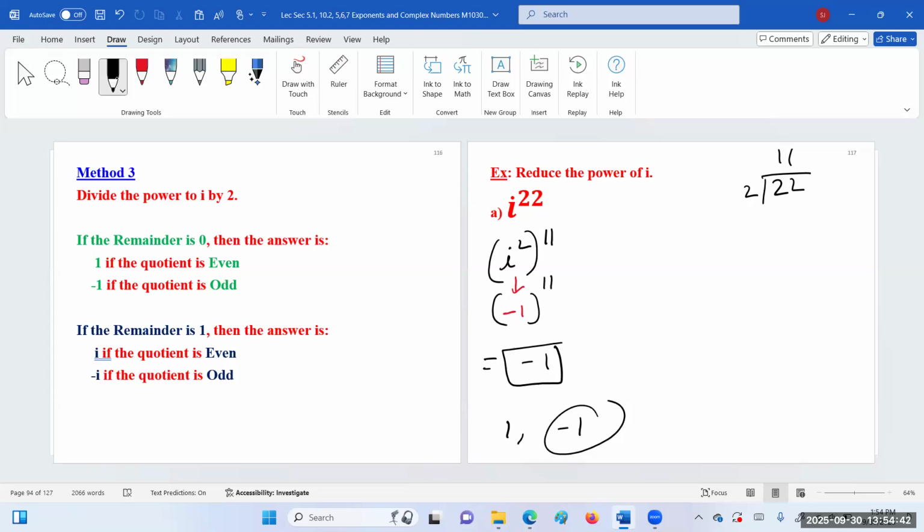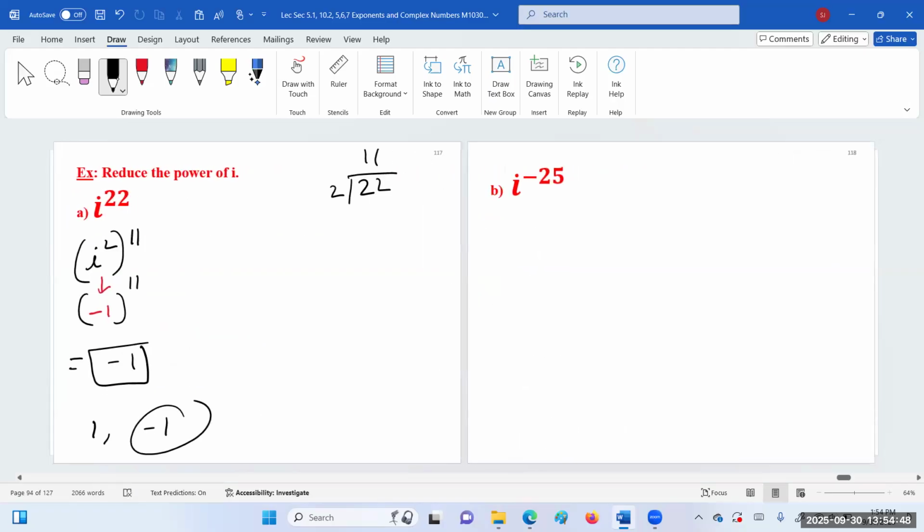See? Oh, something a little different. Does it remind you of any exponent rule?